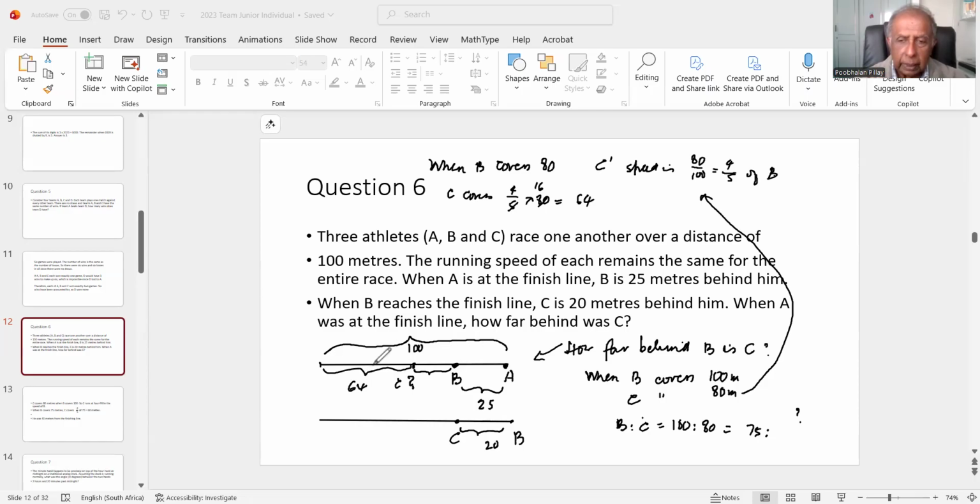Yeah, he would have been at 64. So how far was he behind A? A had covered 100. So when A has covered 100, C covers 64. So C would have been 36 meters behind A. 100 minus 64.